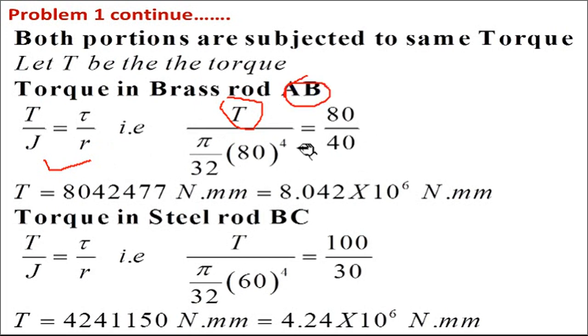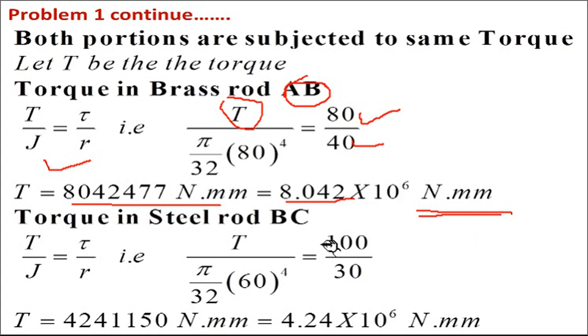So take all the dimensions of bar AB. Tau for that brass bar is given as 80. The radius of that brass bar will be 40 because the diameter is 80. By solving this, we will get the torque transmitted by brass, that is nothing but 8.042 into 10 to power 6 Newton mm.